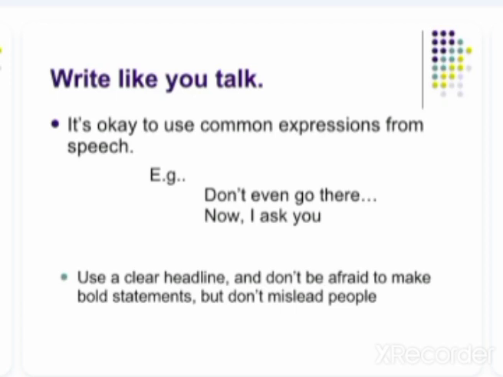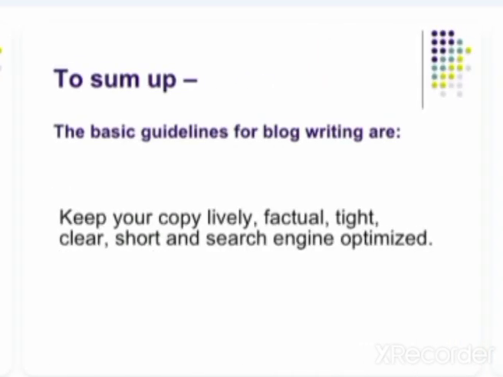You can use colloquial language as well, common expressions. The headline should be very clear. Don't be afraid to make bold statements. The basic guidelines for writing a blog are to keep your copy lively, factual, tight, clear, crisp, short, and search engine optimized.